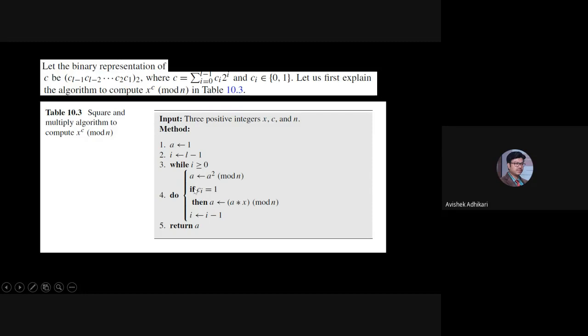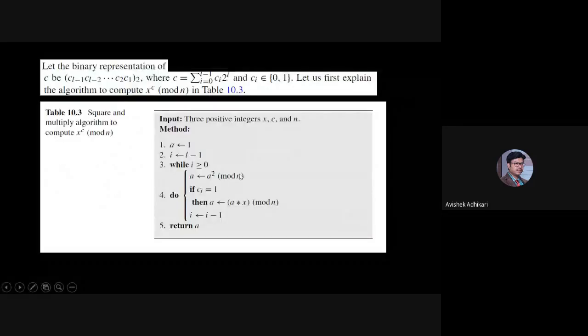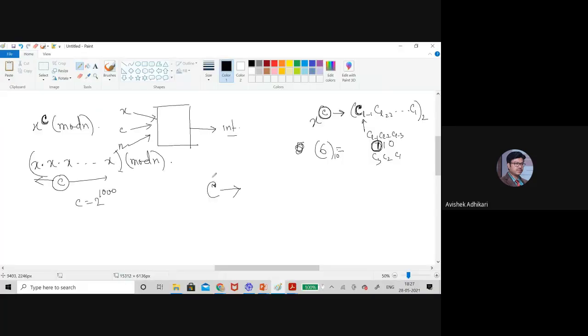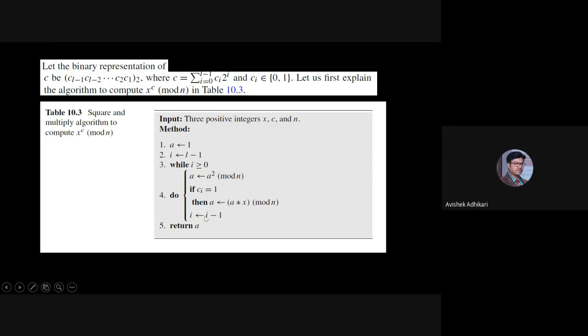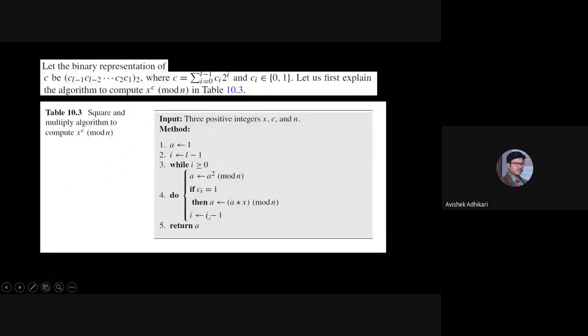So you can understand that depending on the binary representation of c, the number of steps executed is the number of bits of c. If l is the number of bits, then the whole loop will be executed l many times. In other words, log c base 2 many times it will be executed.